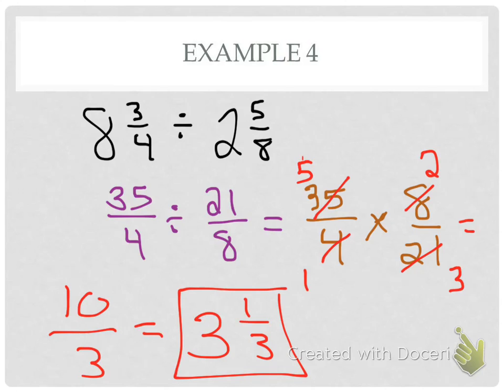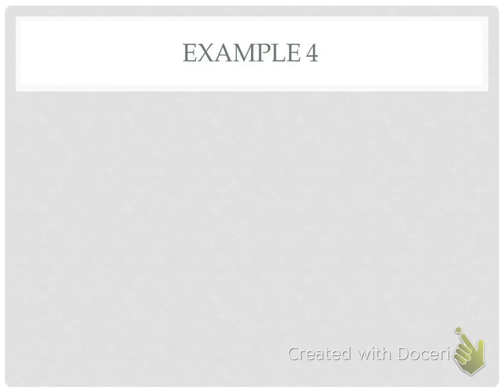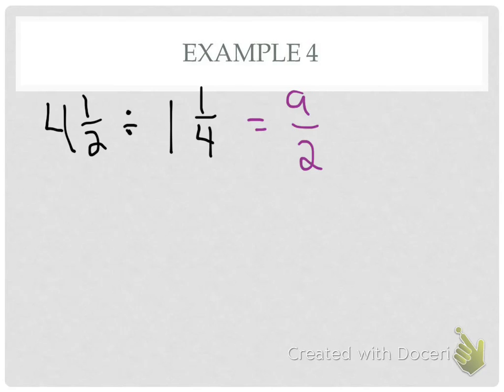All right, now let's do one more example, and this is one you can do on your own as classwork. What if you had 4 1/2 divided by 1 1/4? All right, now try to do this one on your own. The first thing you would do is change them to improper fractions, 9 over 2 divided by 5 over 4.